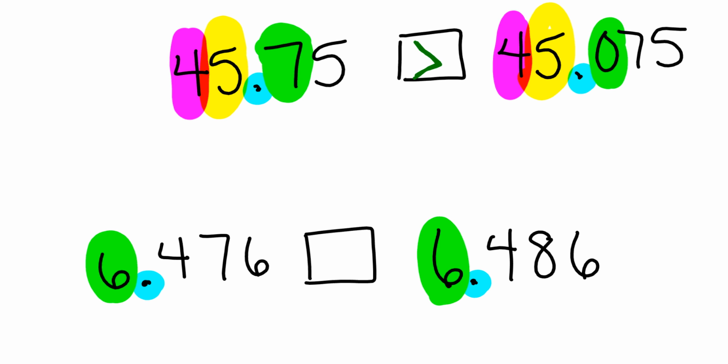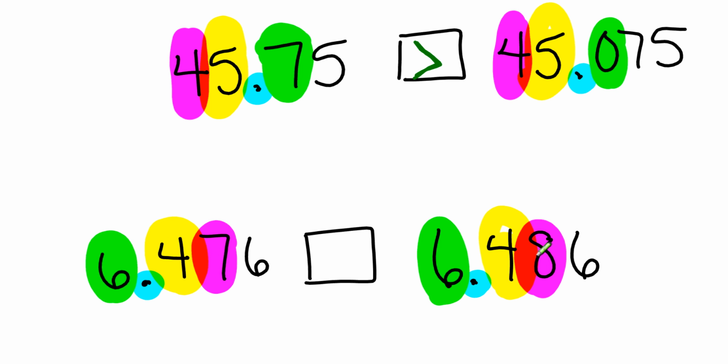So now I'm going to move on to my next spot, which is my decimal point. Now my tenths spot, I have a 4 in this number on the left-hand side, and I have a 4 in this number on the right-hand side. So everything right now is exactly the same. When I look at my hundredths spot, however, that's when things start to change. In my hundredths spot, in this number I have a 7, and in my hundredths spot here, I have an 8.